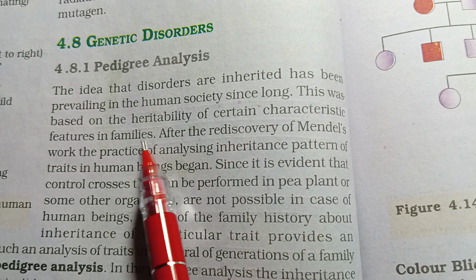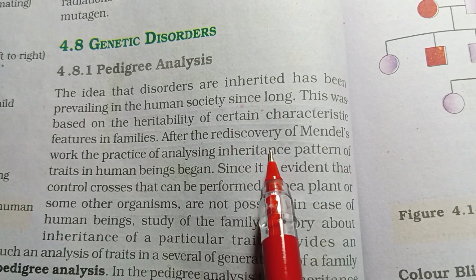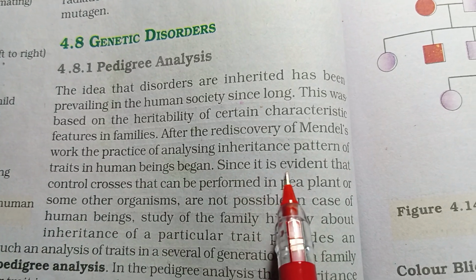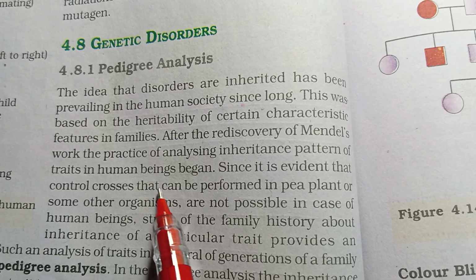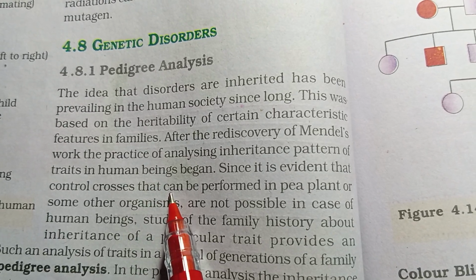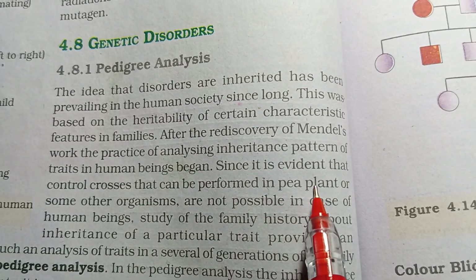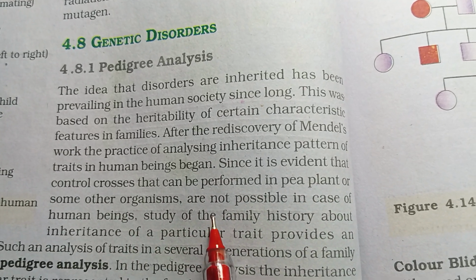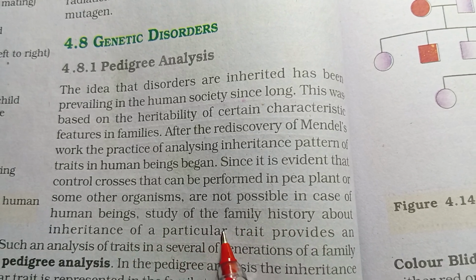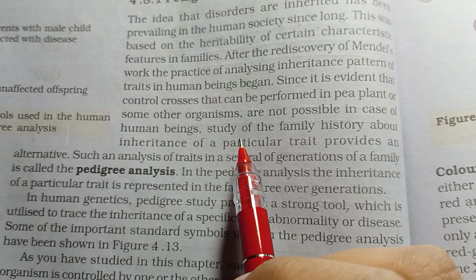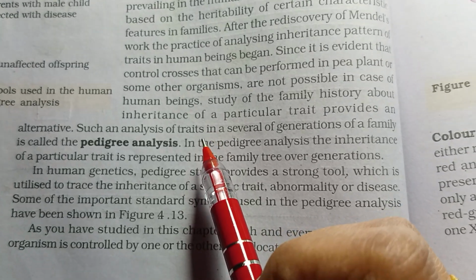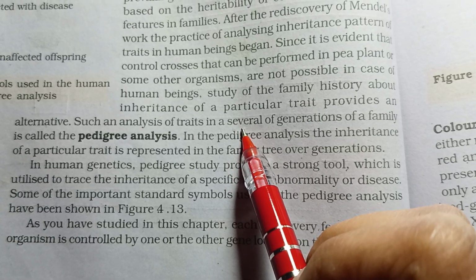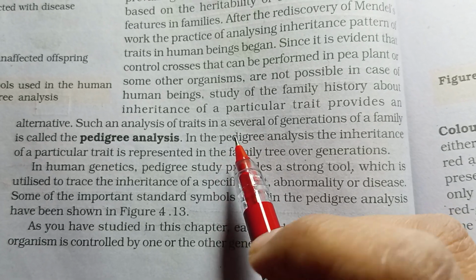After the discovery of Mendel's work, the practice of analyzing inheritance pattern of traits in human beings began, since it is evident that controlled crosses that can be performed in a pea plant or some other organisms are not possible in case of human beings. Study of the family history about inheritance of a particular trait provides an alternative. Such an analysis of traits in several generations of a family is called the pedigree analysis.